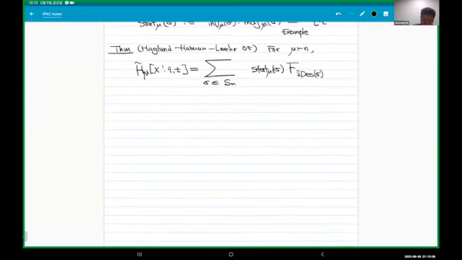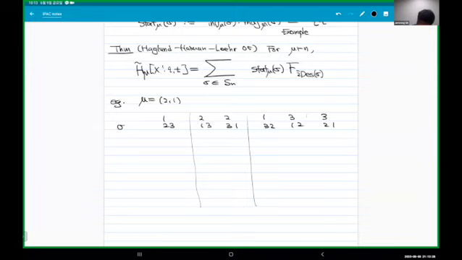So I will give you a small example. For example, if we take mu to be 2, 1, then our sigma is 1, 2, 3, 1, 3, 2, 2, 1, 3, 2, 3, 1, 3, 1, 2, 3, 2, 1. I write it this way because the inverse descent of sigma is the empty set, 1, we have 2, and we have 1, 2.